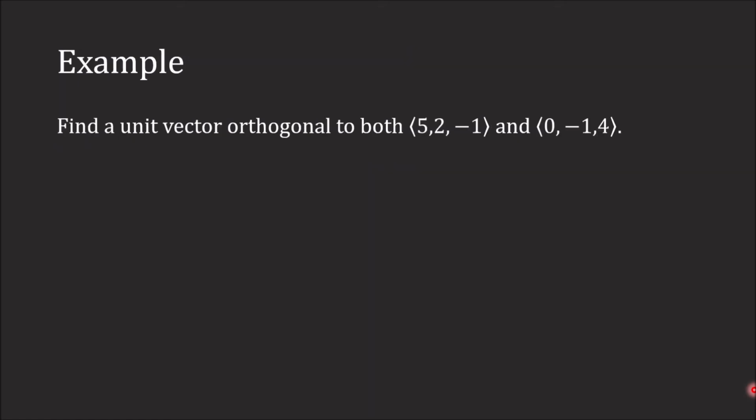Now, let's find a unit vector that is orthogonal to both 5, 2, minus 1 and 0, minus 1, 4.